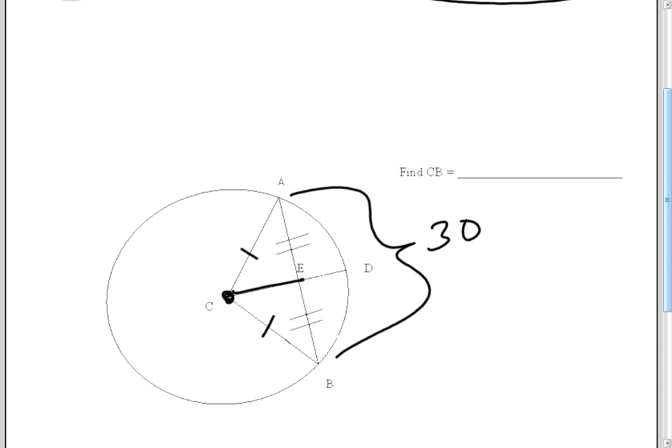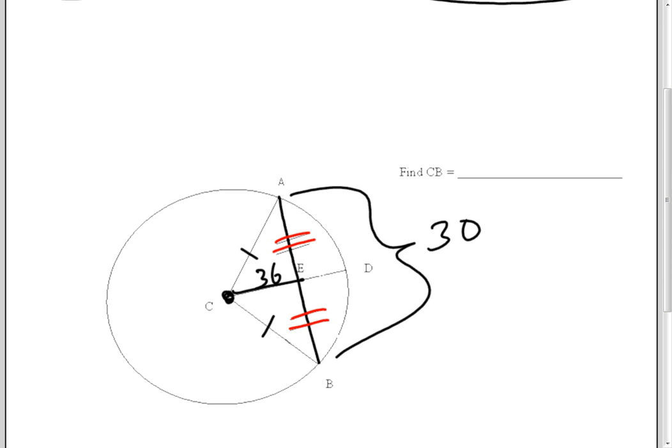From here to here is 36. Is it pretty obvious that this is not drawn to scale? What do we call AB? That's chord. What do you call CD? The radius.